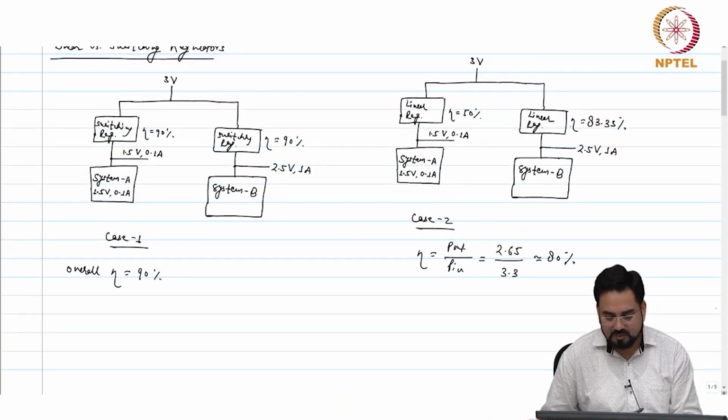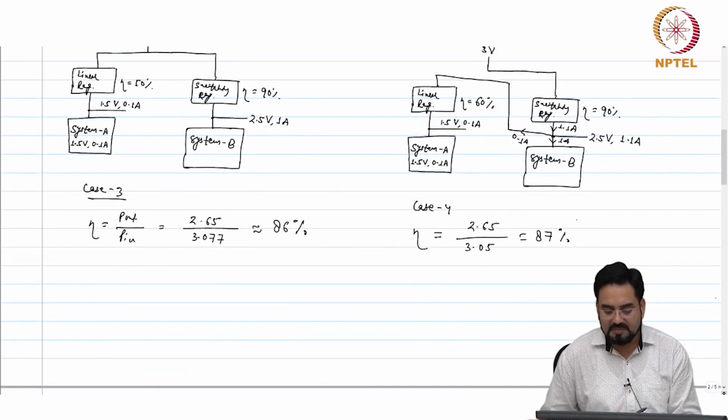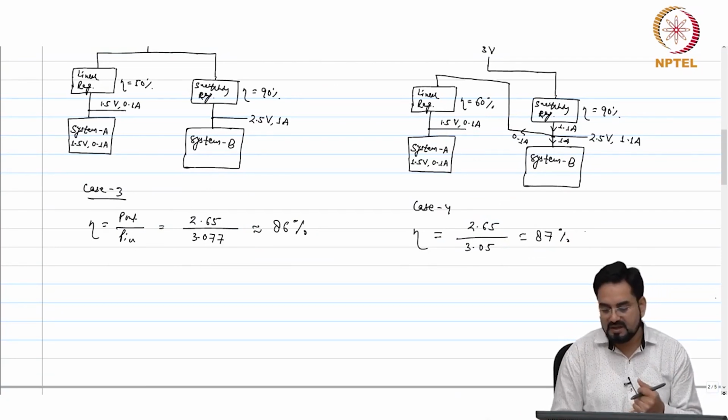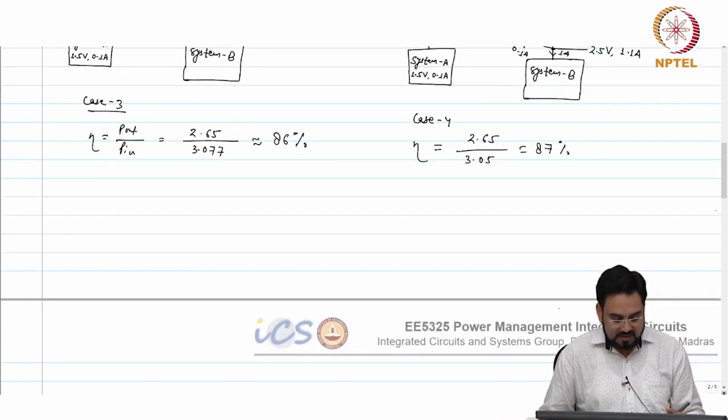So in this case, if we use a linear regulator and this becomes 2.8 volt, then this efficiency will further improve. It may go to 82% or 83%. So it all depends on the total power, as I mentioned earlier, and the dropout voltage. Based on these two parameters, you are going to decide where to use switching and where to use linear. Okay.